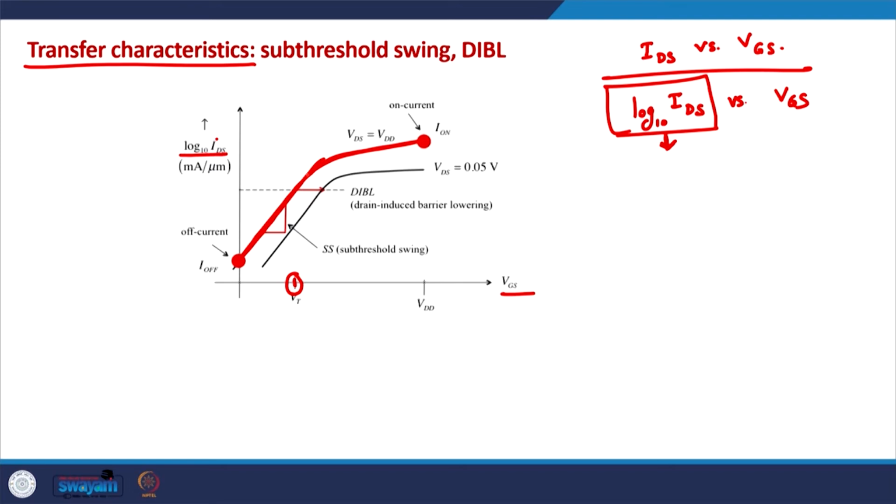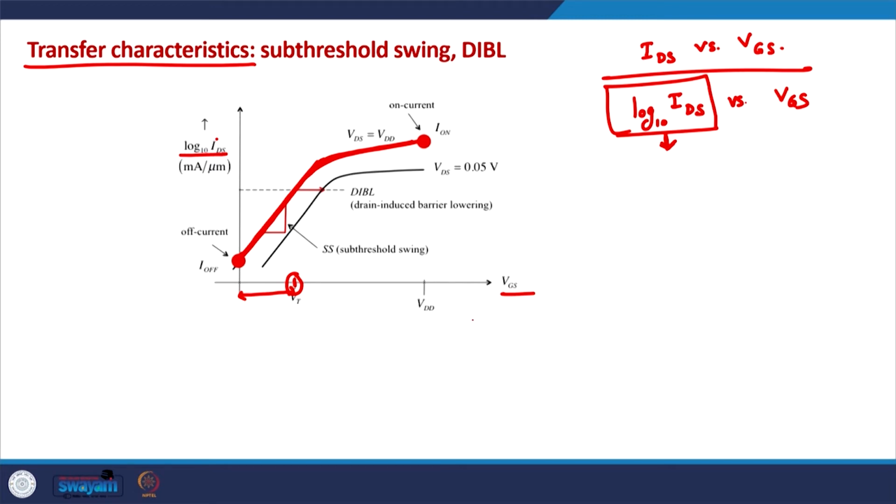There is a linear relationship between log 10 IDS and VGS when VGS is less than VT, which means that IDS is actually varying exponentially as a function of VGS in this regime. That is why log of IDS varies linearly with VGS.